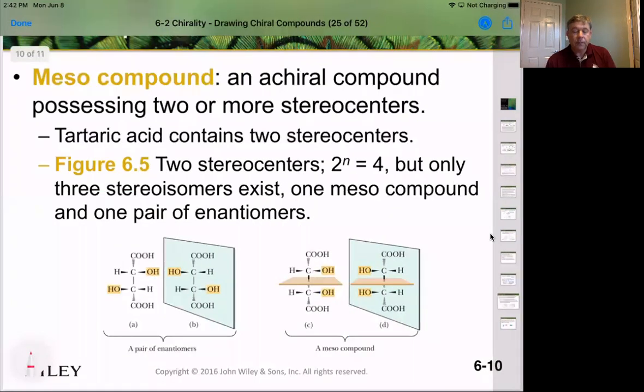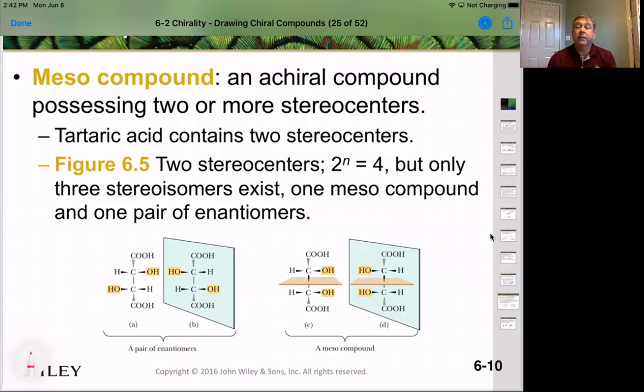Okay, so once you start adding a second stereocenter, you have the possibility of creating an achiral compound by creating a mirror plane inside the molecule. When we first started talking about pairs of enantiomers, we looked at mirror images outside the molecule, where we have a molecule, we add the mirror, and then we look at the mirror image.